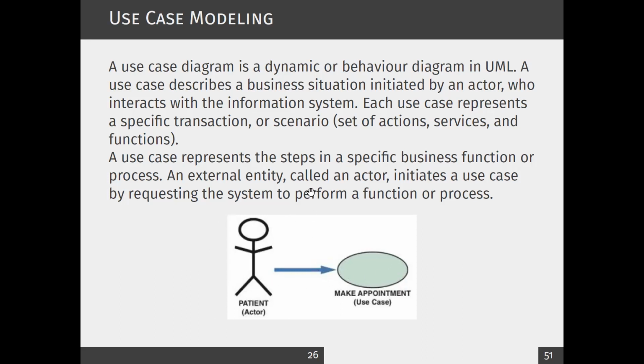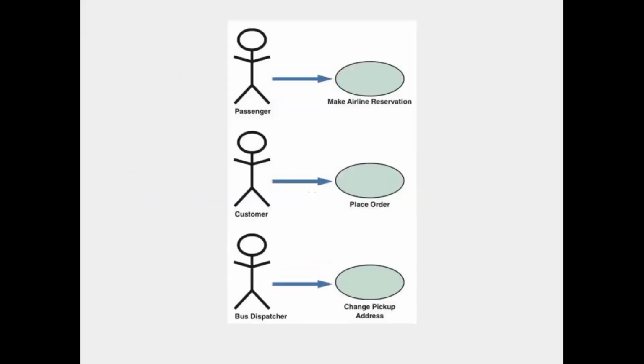The arrow indicates the direction. Here is a more complete example: passenger makes airline reservation, customer places order, bus dispatcher changes address.